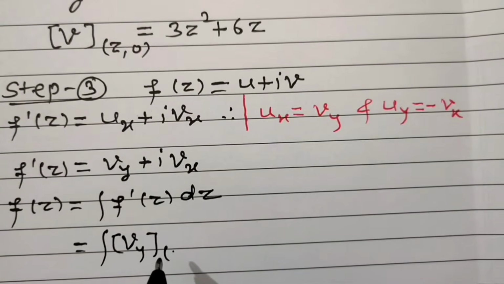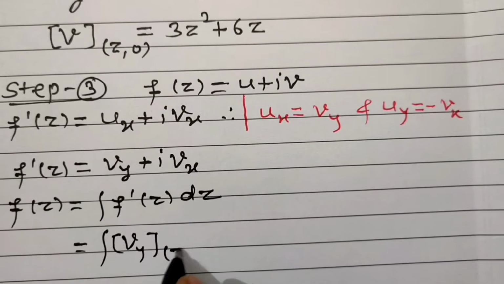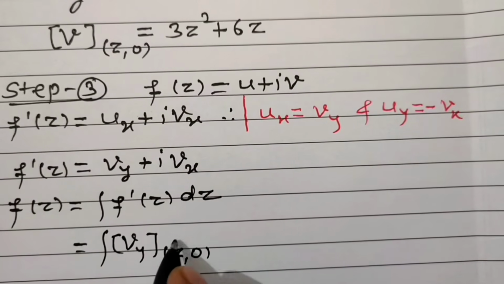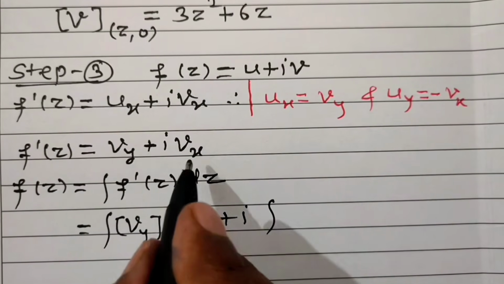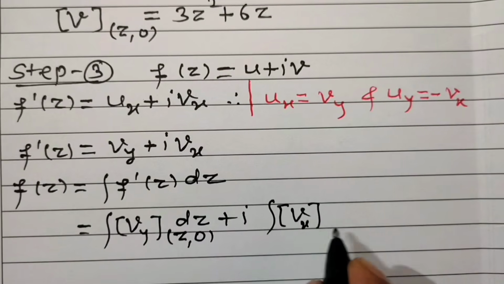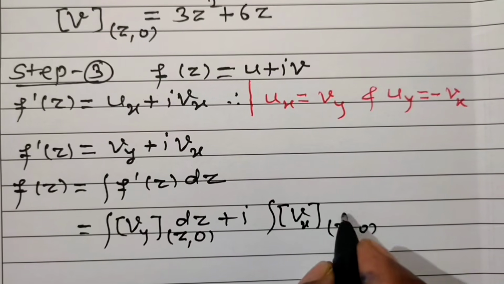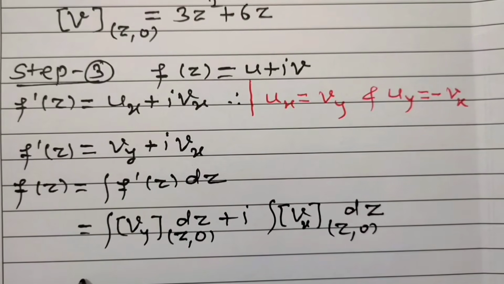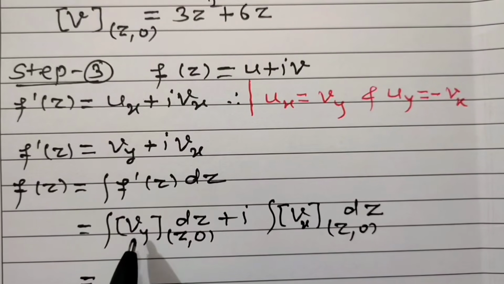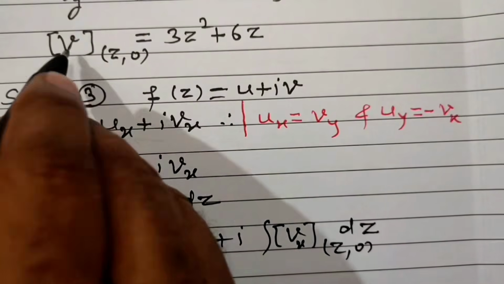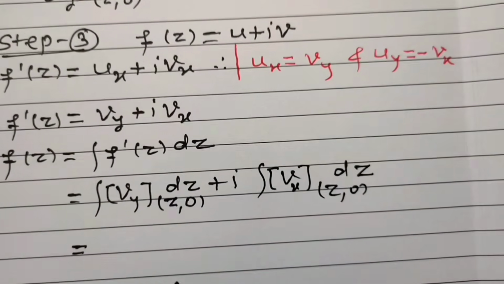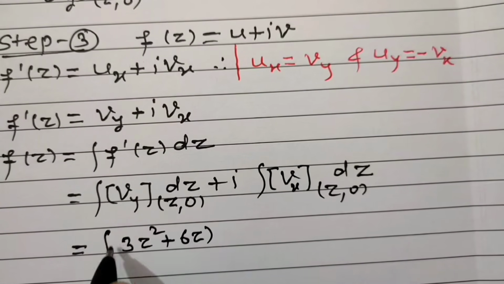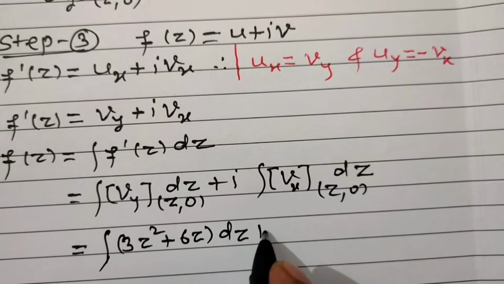This is equal to the integral of vy, replacing x by z and y by 0, with respect to z, plus i into the integral of vx, replacing x by z and y by 0, with respect to z. Vy at z comma 0 is 3z square plus 6z, so we can put here the integral of 3z square plus 6z with respect to z plus i.